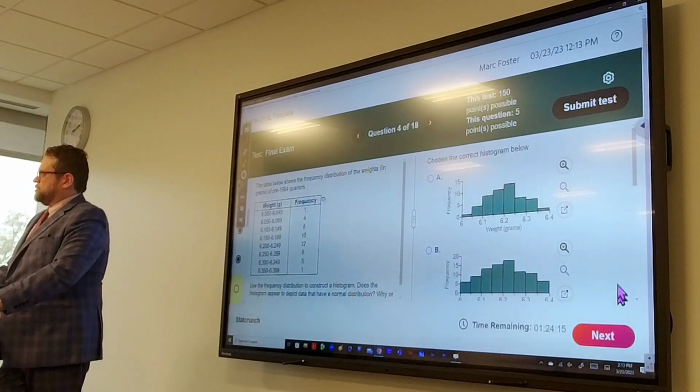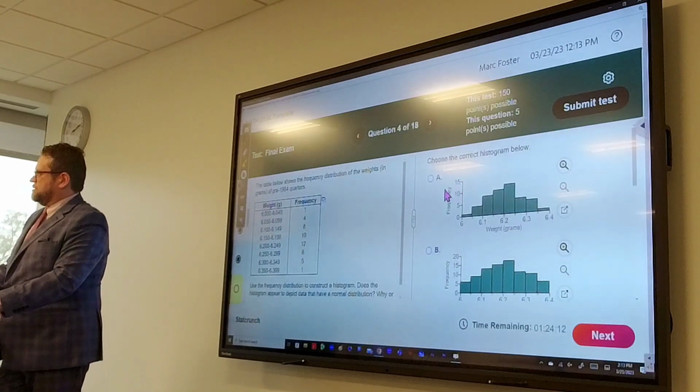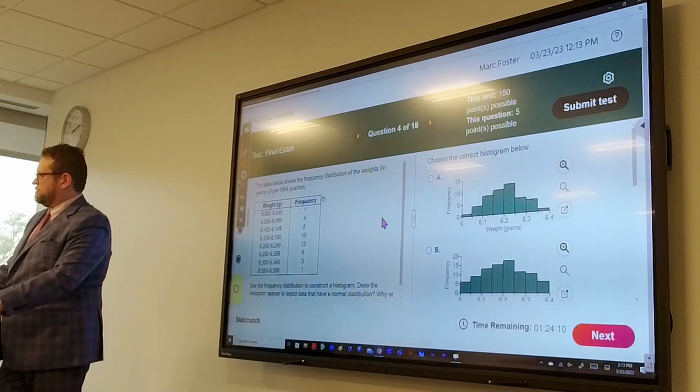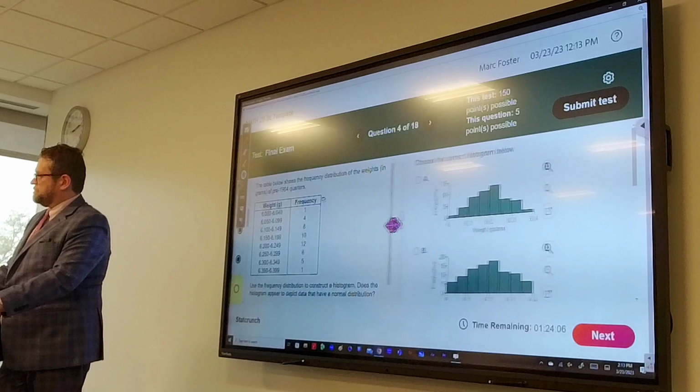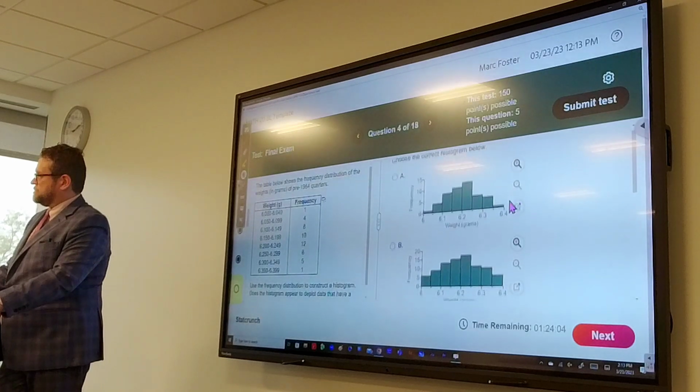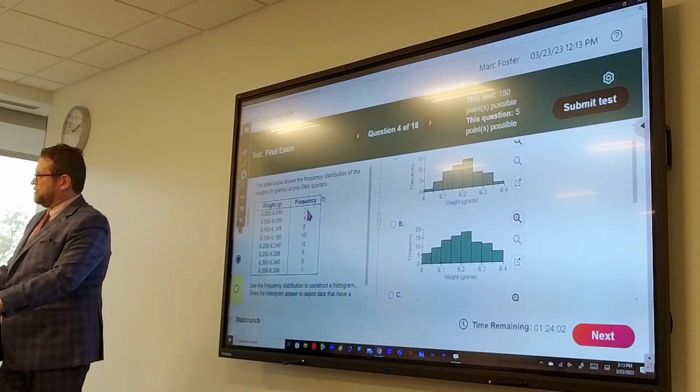The table below shows the frequency distribution of the weights in grams of some old quarters. I'm just going to look at the table. It peaks at 12 on the 5th row.